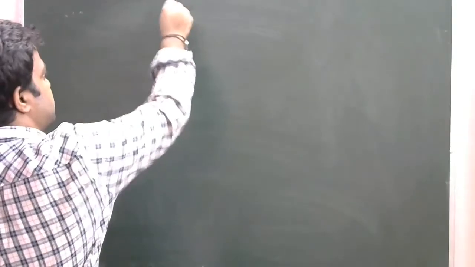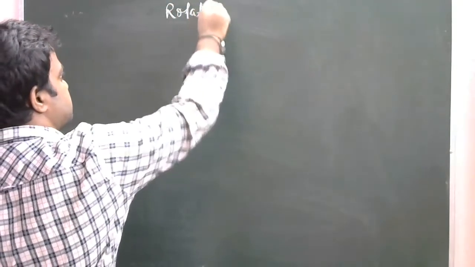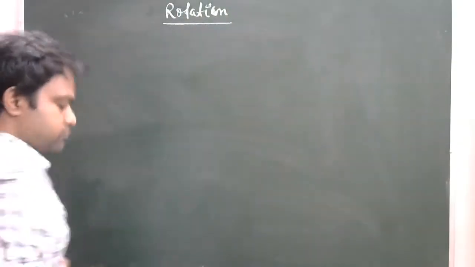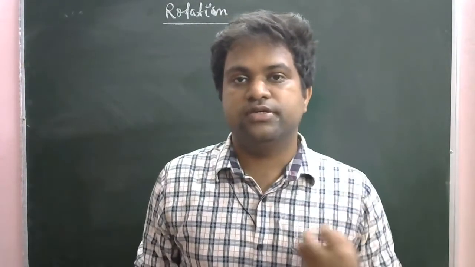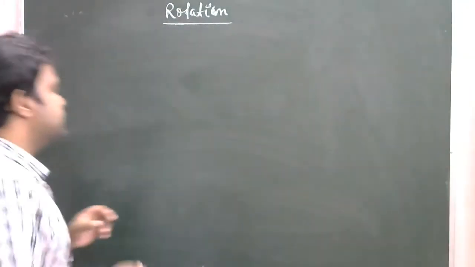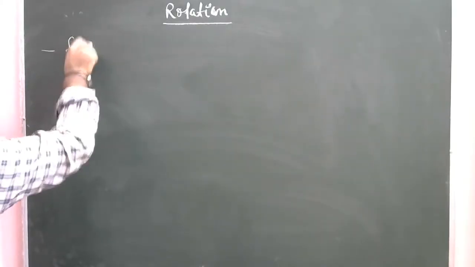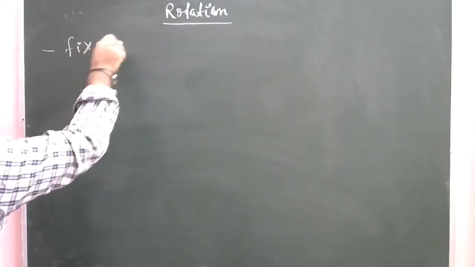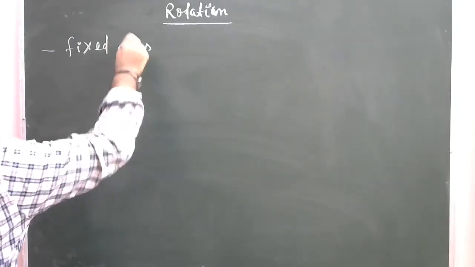So we'll discuss the motion of a rigid body, or rotation. In this rotation, the main important thing is that there is one fixed axis.